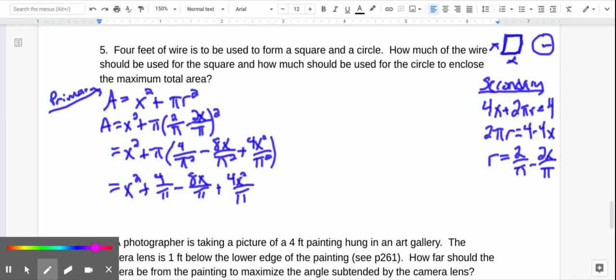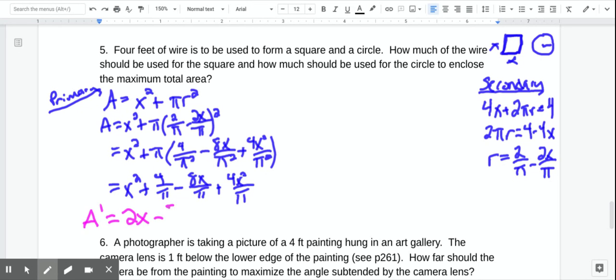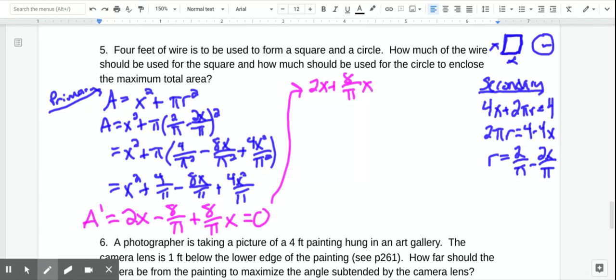Okay, so now we want to take the derivative of that. I'm going to switch colors so I can see a little bit better. So the derivative is 2x. The derivative of 4 over pi, that's just a constant, is 0, minus 8 over pi plus 8 over pi x. And we want to set that equal to 0. So when we do that, we're going to get 2x plus 8 over pi x equals 8 over pi.